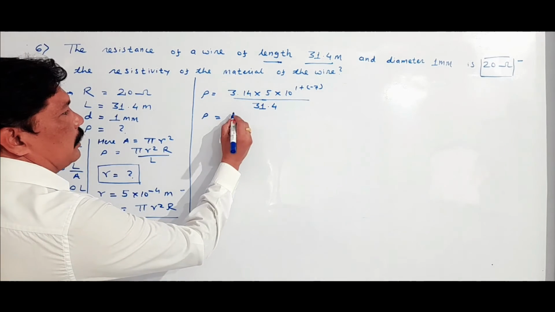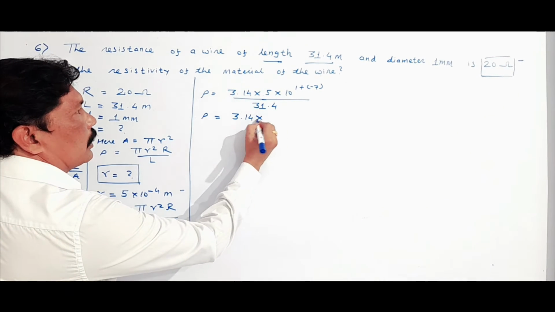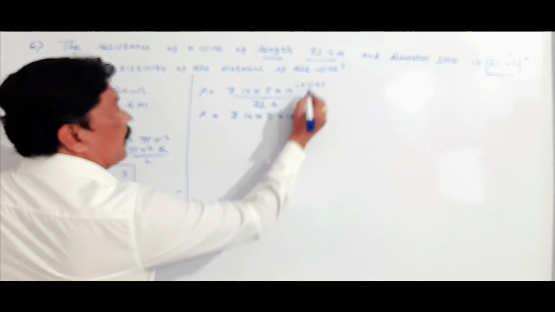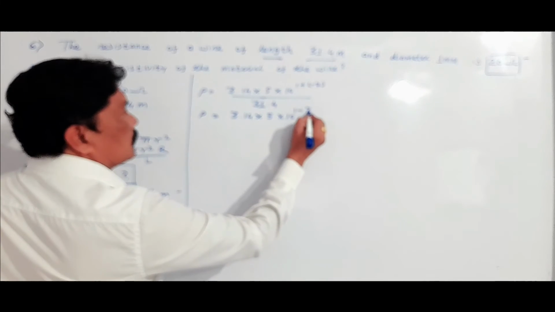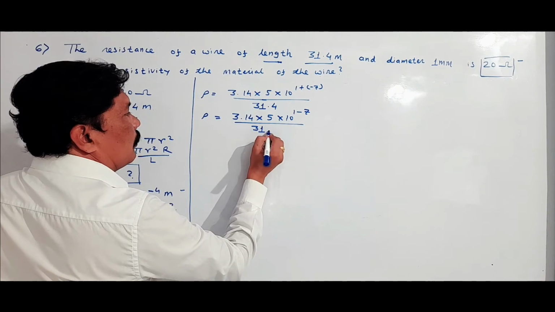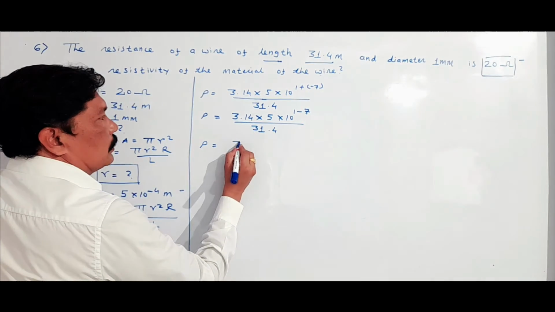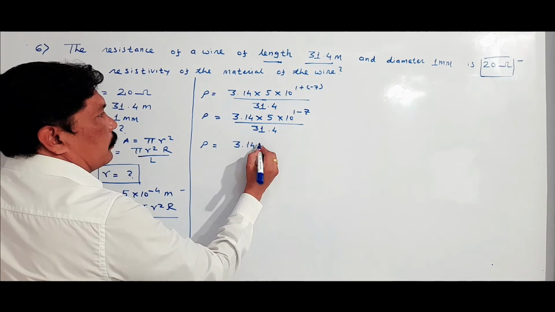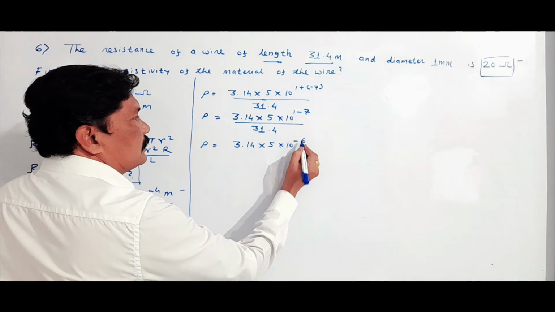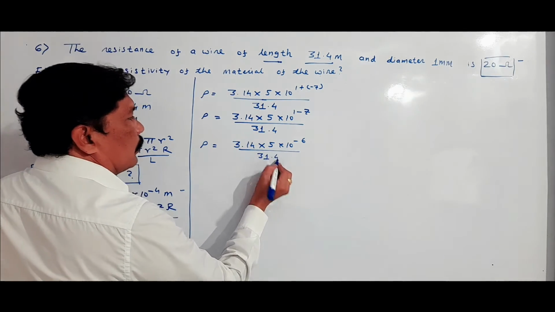Resistivity of a material is equal to 3.14 into 5 into 10 to the power 1 plus minus 7, that is minus 6, upon 31.4.